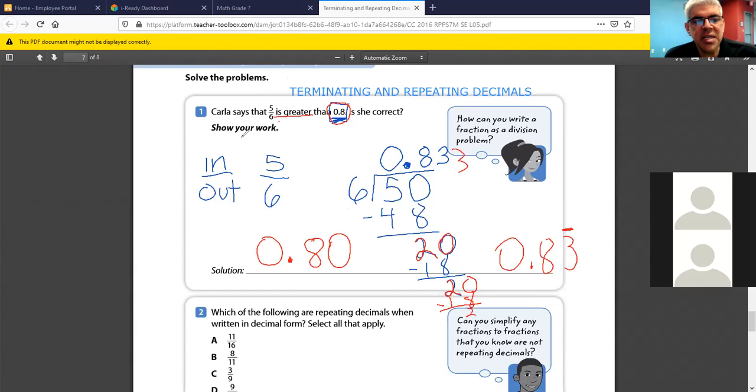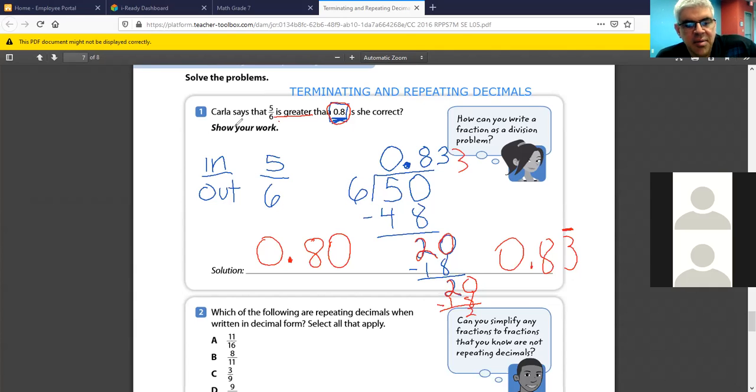Now I'm going to pause. That way you can copy what you need to copy. While you copy, let me say what a terminating decimal is. One that ends. It doesn't go on forever. It just ends at 0.8, or if you wanted to, we can make it 0.80 and that's it.